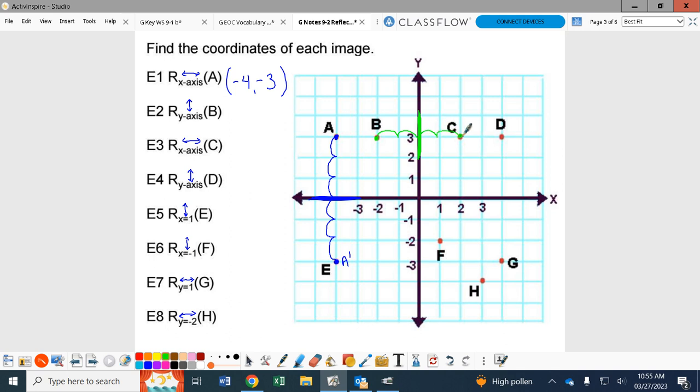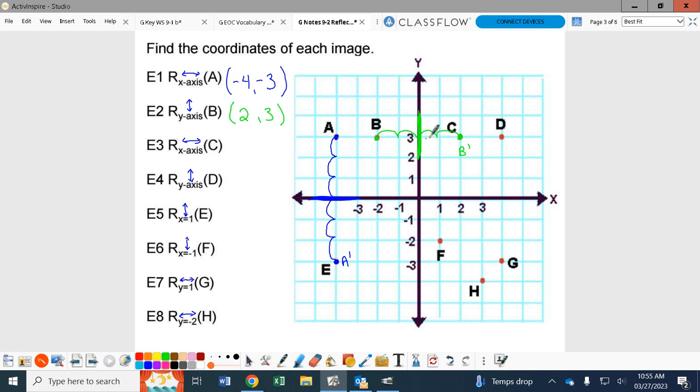It's right here on top of point C. We're going to call it B prime. And you've got to be able to tell me what ordered pair that is. You're going to move 2 points to the right and 3 points up. So 2, 3 would be correct. Nice. 2, 3.